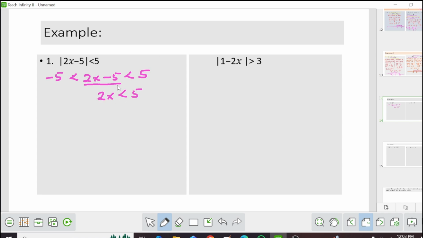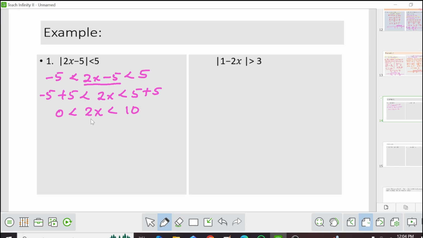The minus 5 moves to the other side and becomes plus 5. This minus 5 also moves to the other side and becomes plus 5. So this becomes 0 less than 2x less than 10.